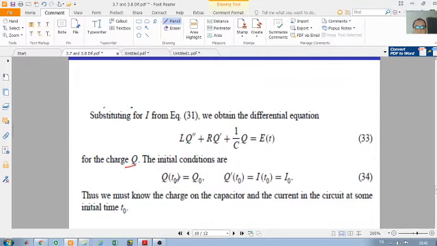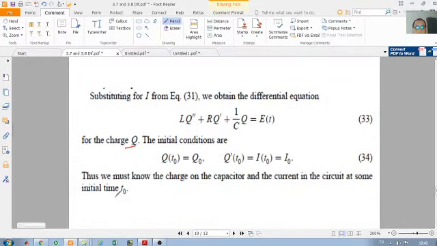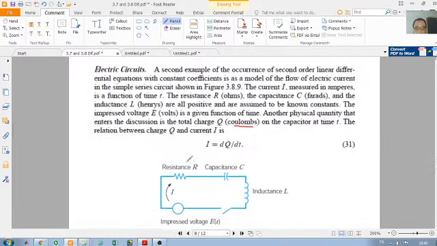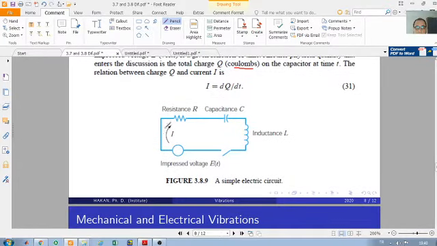And the initial conditions are written here. Thus, we must know the charge on the capacitor and the current in the circuit at the same initial time t0. This is our differential equation that states the situation for the simple electric circuit here.